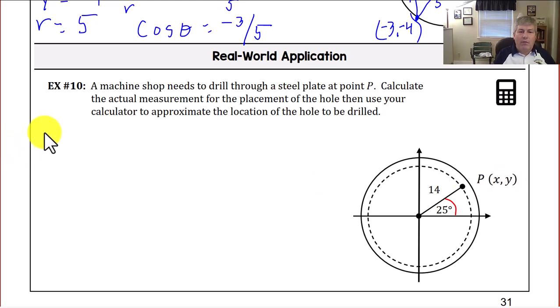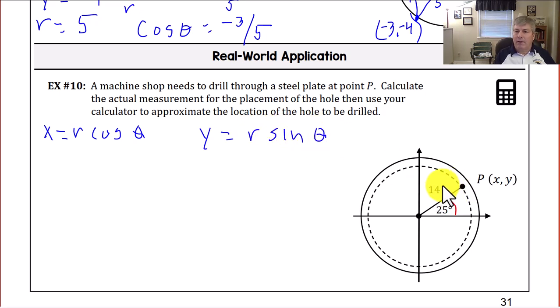Well, we know that x is equal to r cosine of theta, and y is equal to r sine of theta. Our radius is 14, so x is equal to 14 cosine, and our theta is 25.